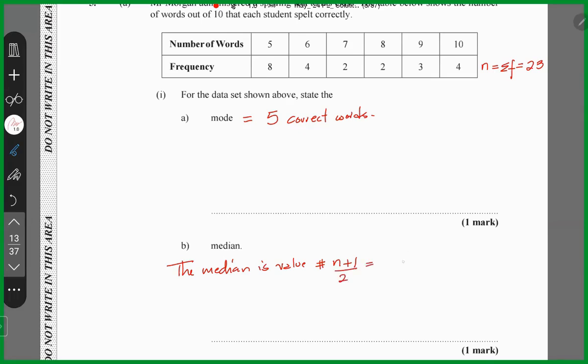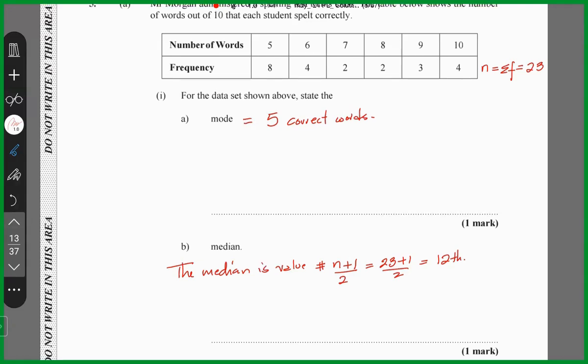Well, we added this up already and we got n to be 23. 23 plus 1 over 2, so the median is the 12th value. So we need to know which value is the 12th value. I think the answer is 6.